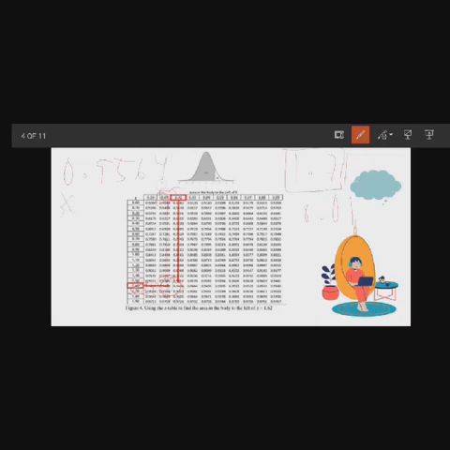If you multiply by 100, it becomes 95.64%.